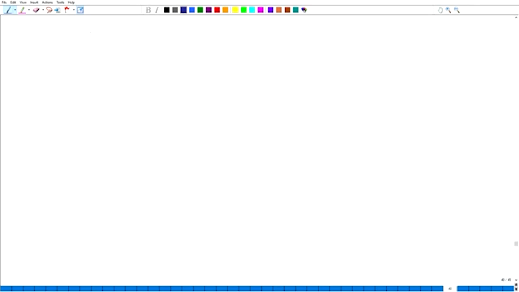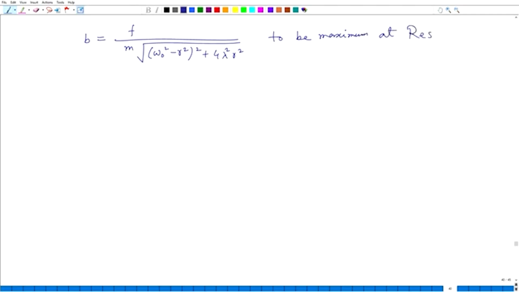I can write B is equal to f by m root over omega 0 square minus gamma square whole square plus 4 lambda square gamma square. That to be maximum at resonance. So, we have somehow reconstructed the concept of resonance here.